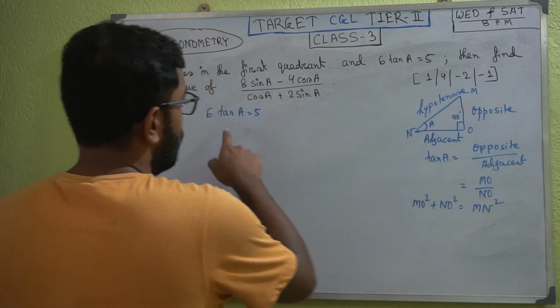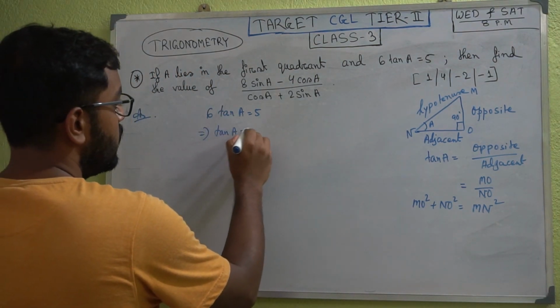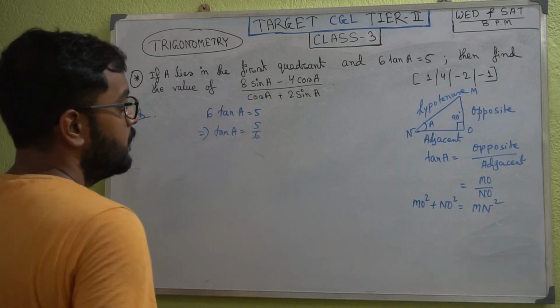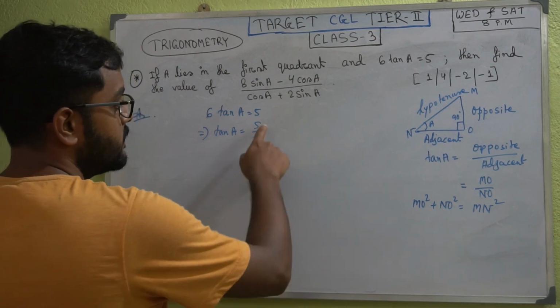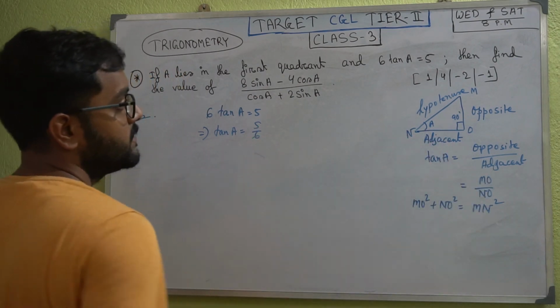Okay, now from here we can say tan A equal to 5 by 6, that is opposite is 5 and adjacent side is 6.